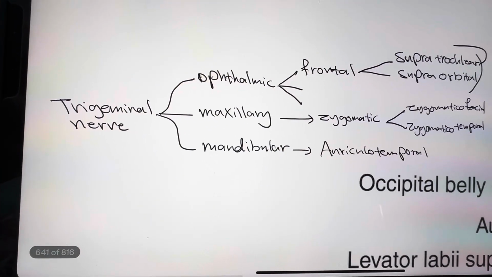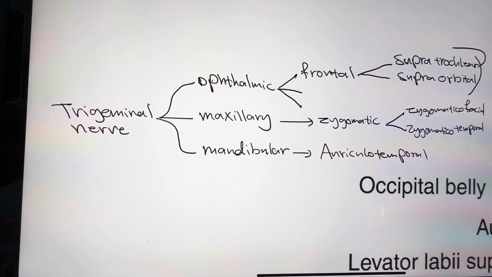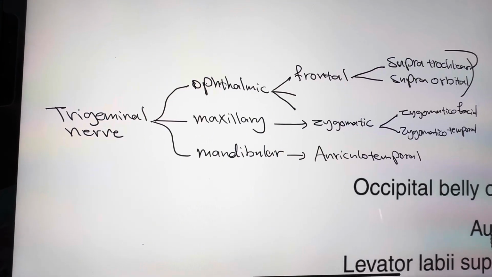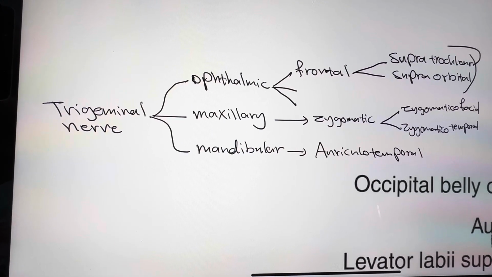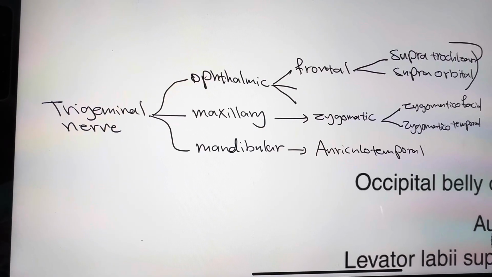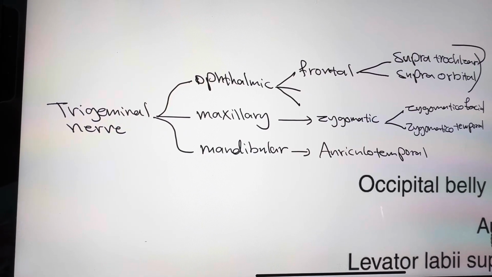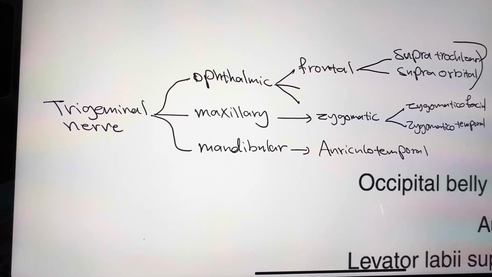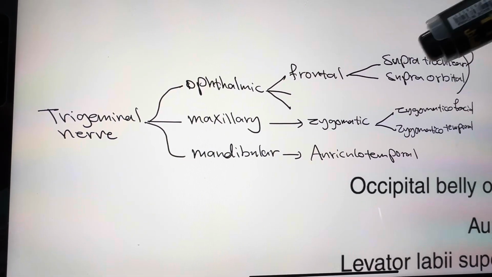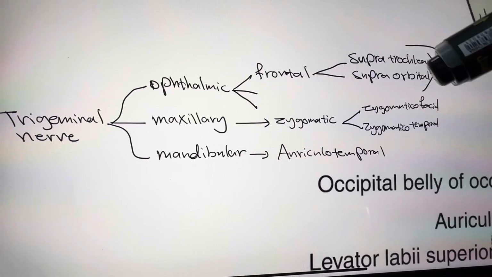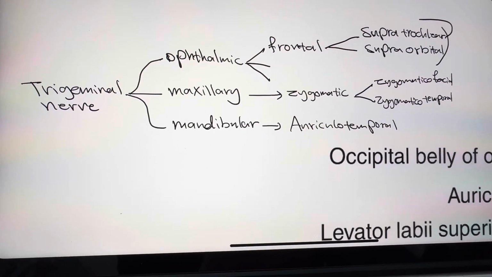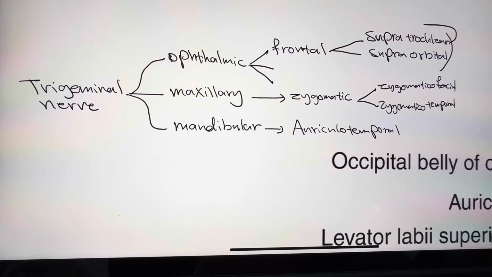One goes for the orbit, the ophthalmic division, one for the maxillary bone, the maxillary division, and one for the mandibular bone, the mandibular division. The ophthalmic division has many branches. One of these branches is the frontal, which gives two other branches, supratrochlear and supraorbital. They supply the skin over the forehead till the vertex.